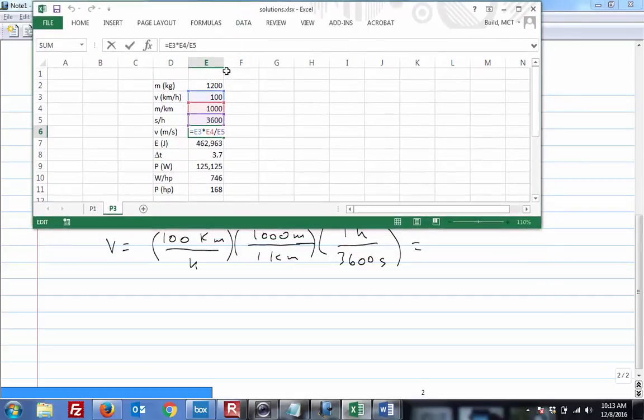So now we can see the notes and the Excel at the same time. 100 kilometers per hour, 1,000 meters per kilometer, divide that by the 3,600 seconds per hour, and there you go. The car is traveling at approximately 30 meters per second, and we just did a sanity check, and that means that it would take this car 3 seconds to cover a football field, which is quite fast, but not unreasonable.